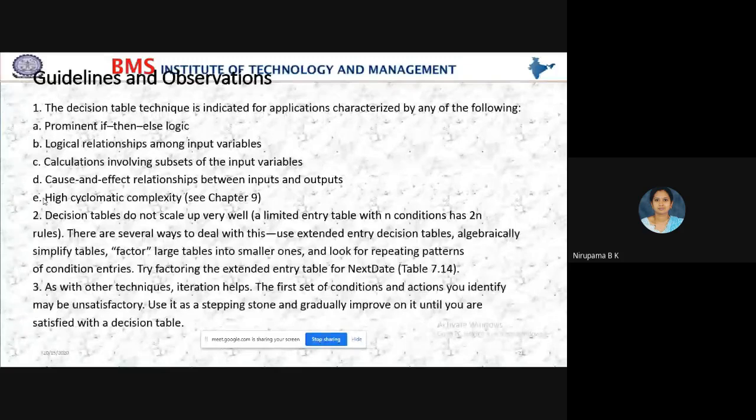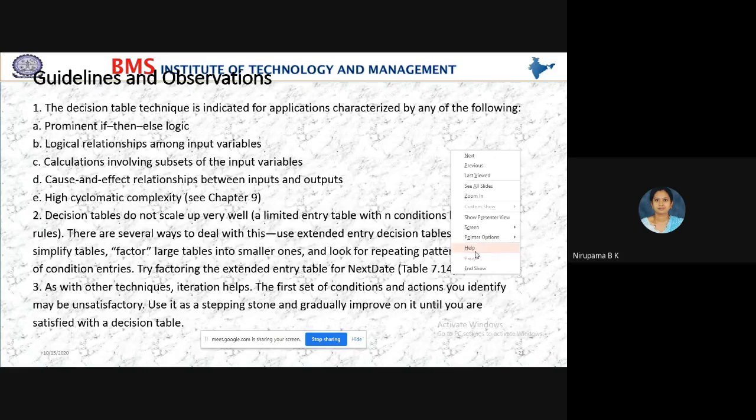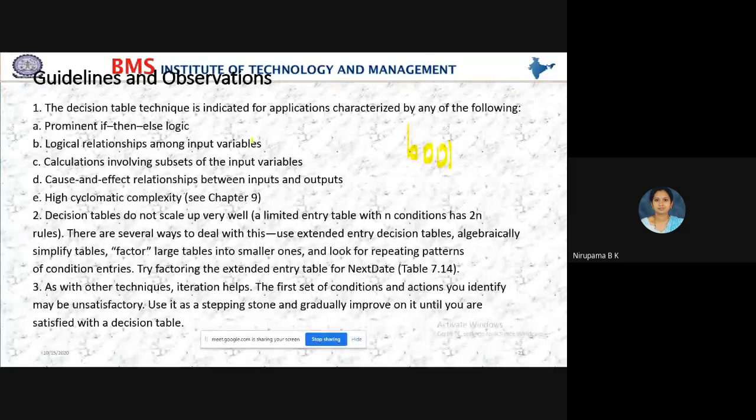Some decision tables depend on the logical value. What is the logical value? Logical value is nothing but the Boolean value, which is true or false. Based on the true or false value, we make a decision, and based on the subset value, and based on the valid input output and the relation between the input and output values.